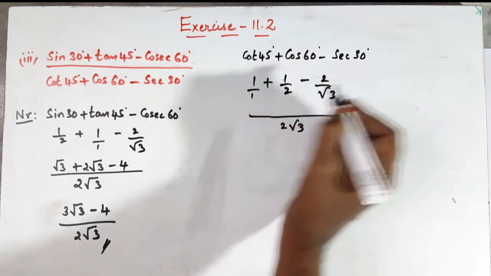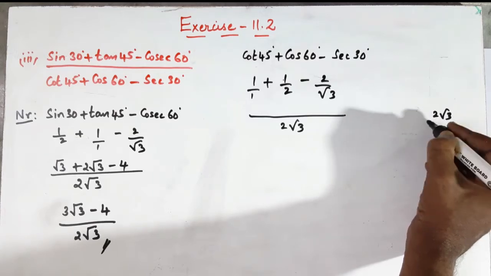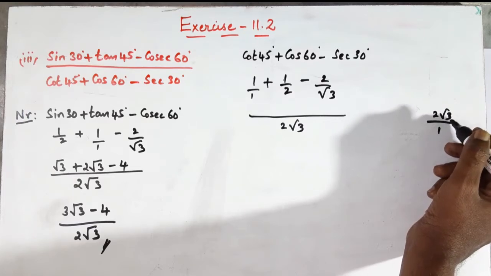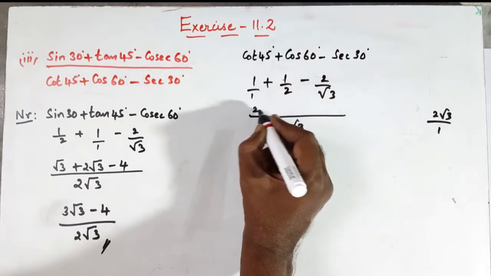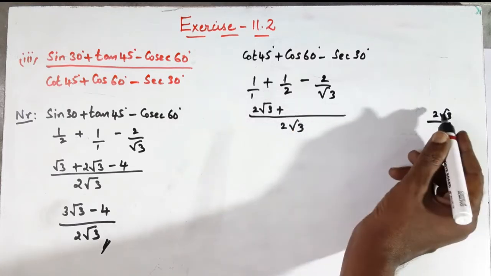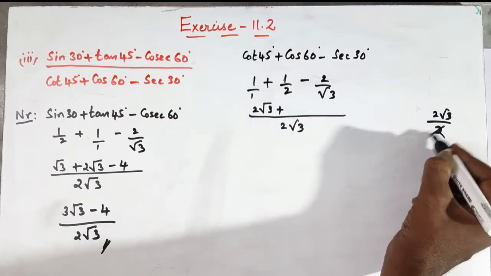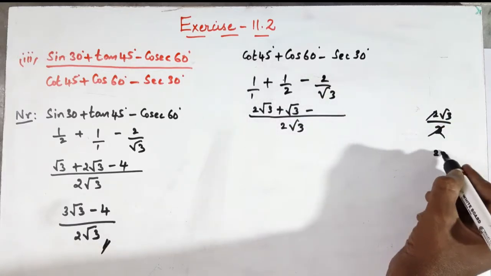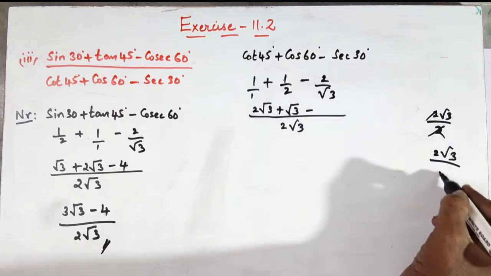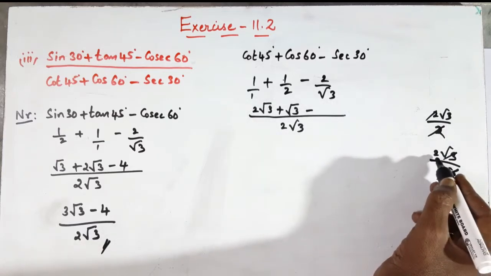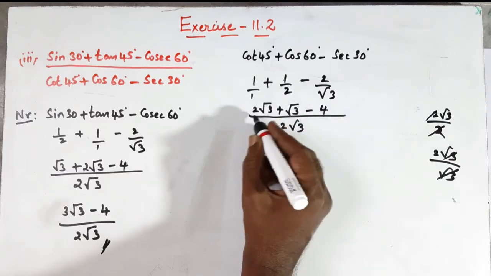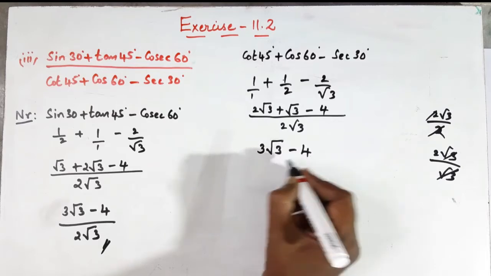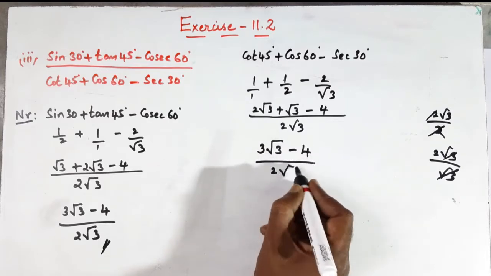Here nothing is there means 1, so 2 root 3 divided by 1 gives 2 root 3. Plus 2 root 3 divided by 2, 2 cancels, root 3 into 1, root 3. Minus 2 root 3 divided by root 3, root 3 cancels, 2 2s are 4. So 2 root 3 plus 1 root 3, 3 root 3 minus 4 by 2 root 3.